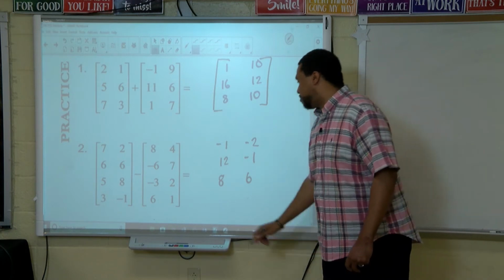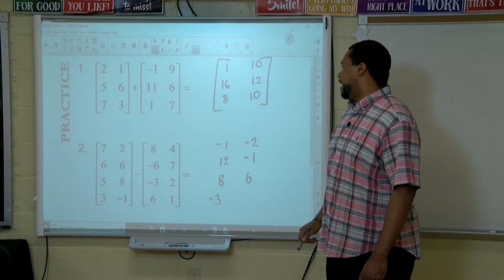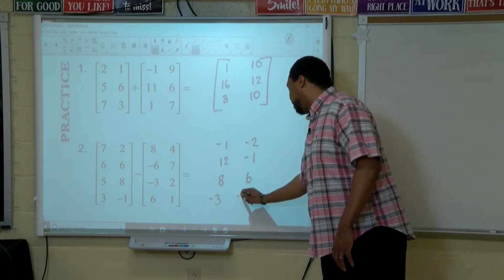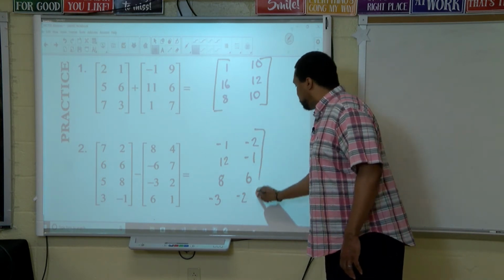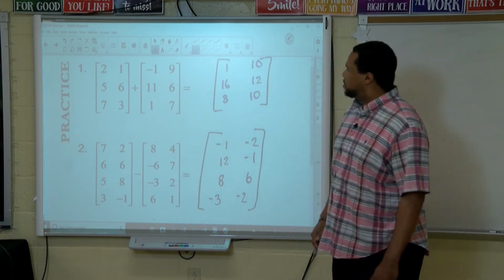And 3 minus 6, negative 3. Negative 1 minus 1, negative 2. Your resultant matrix will also be a 4 by 2.